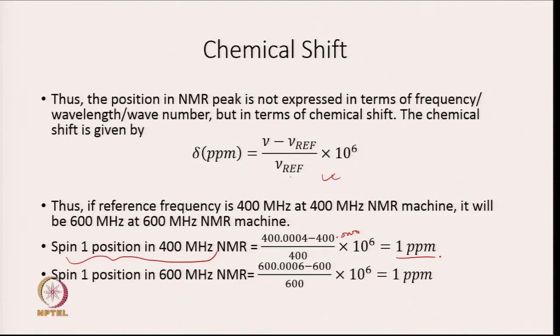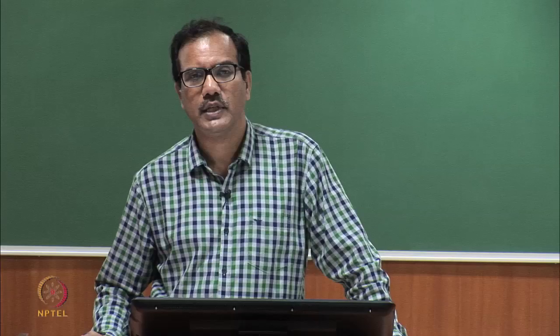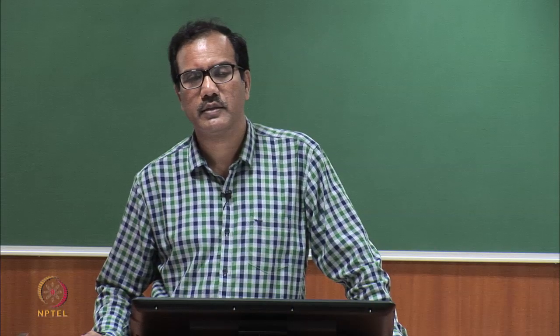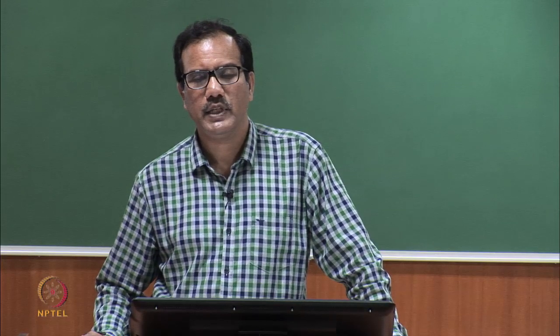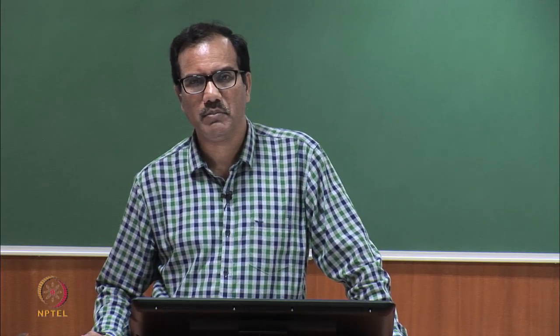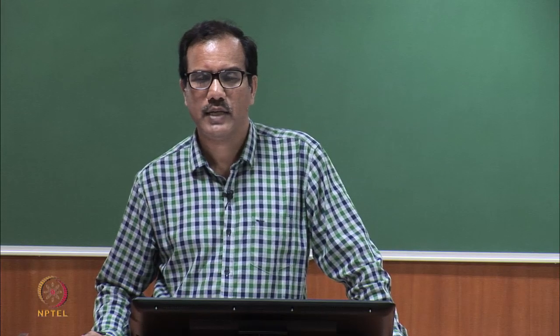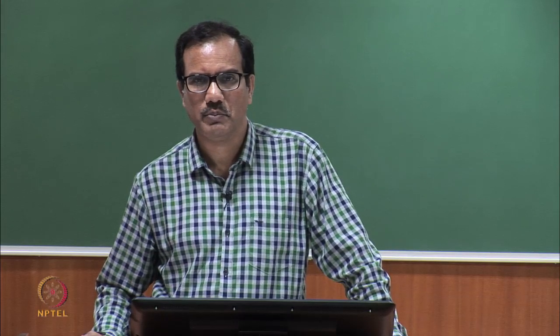And so, this value is convenient to express, and that is why in the NMR spectrum we take the x axis in ppm, not in hertz as we do for other spectroscopy.